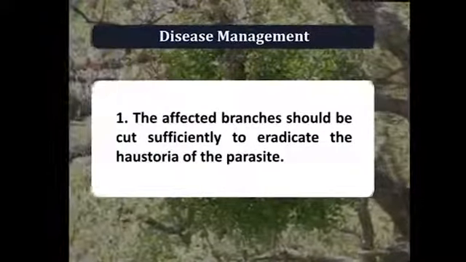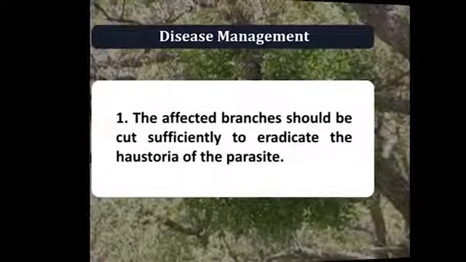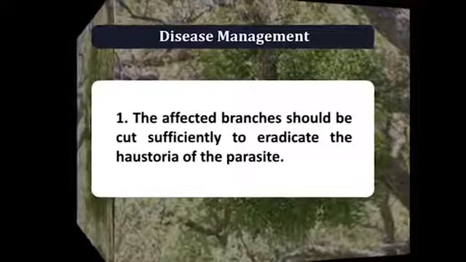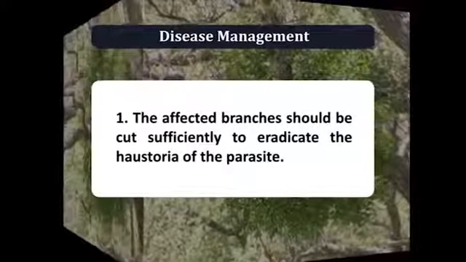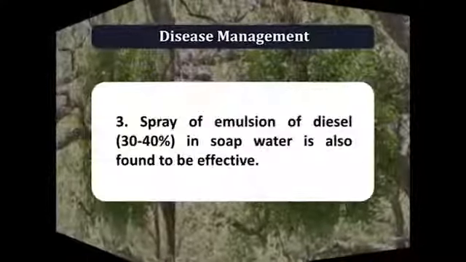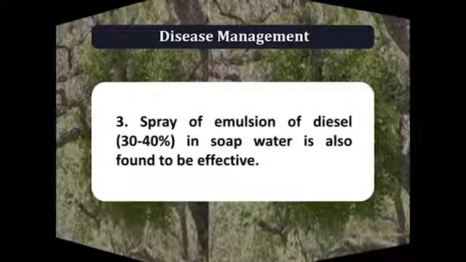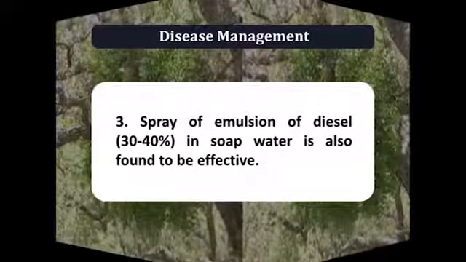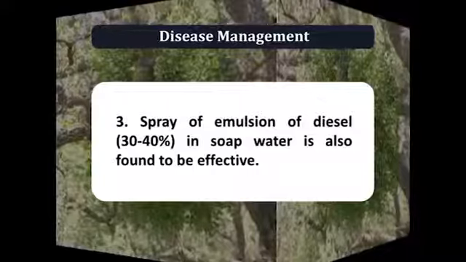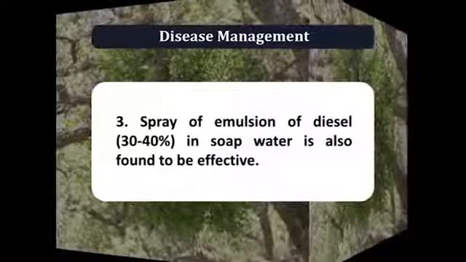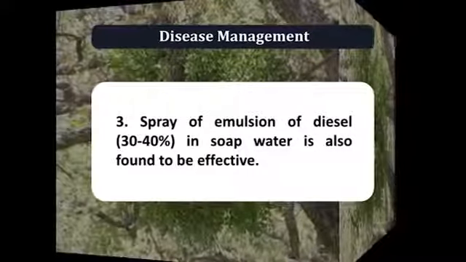Now coming to the management of these parasites. The affected branches should be cut sufficiently to eradicate the host area of the parasite. Spray of emulsion of diesel at the rate 30 to 40% in soap water is also found to be effective.